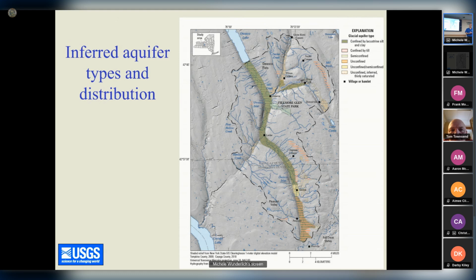So if that had 20 feet of saturated sand and gravel, that could be a productive aquifer, and it could induce infiltration from Decker Creek as well to supplement. So, there's some potential there.